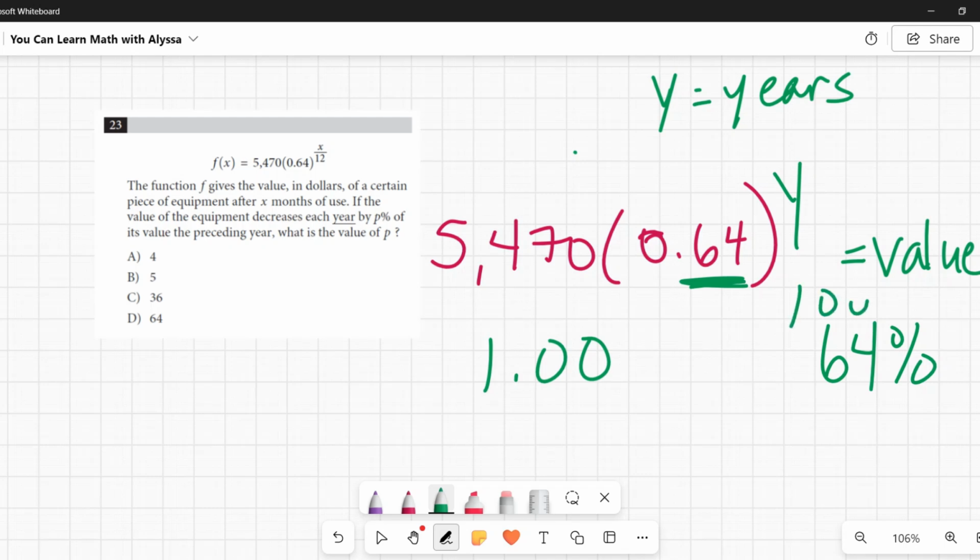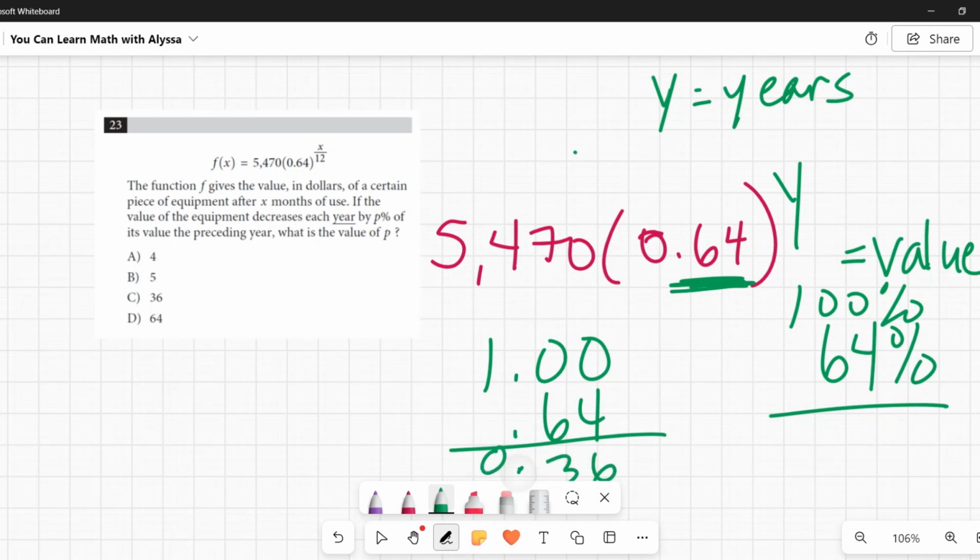I can say 100% minus 64%, or 1.00 minus that 0.64. Both will give me the same answer of 0.36 or 36%. And my question is, if we go back to the question, what is the value of p? What is that p percent? It is 36%. This is decreasing by 36% every year.